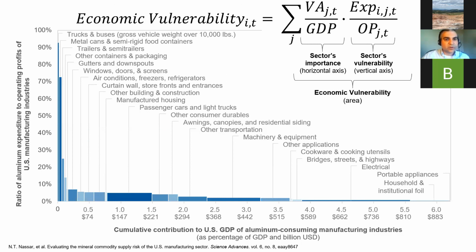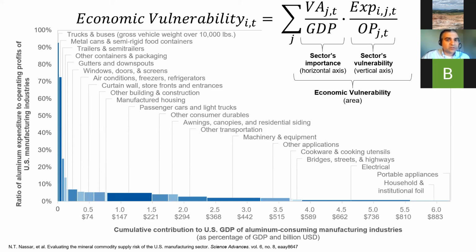On the vertical axis, the taller the bar, the more vulnerable that industry would be to aluminum price shocks for that year. So they would have a larger expenditure and a lower operating profit. For example, metal cans actually comes out on top. No surprise there. They're highly dependent on aluminum, right?